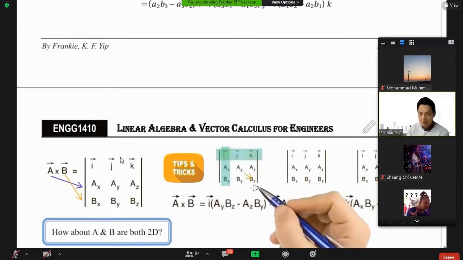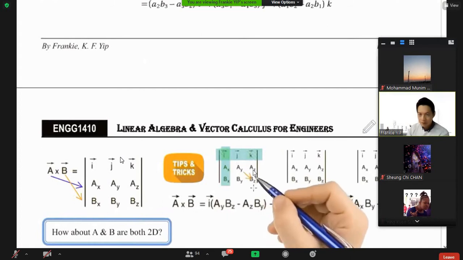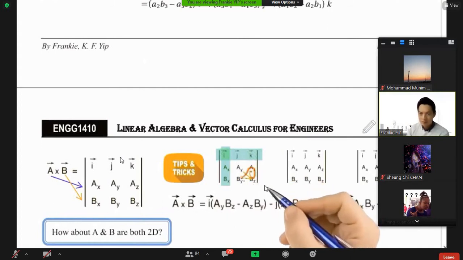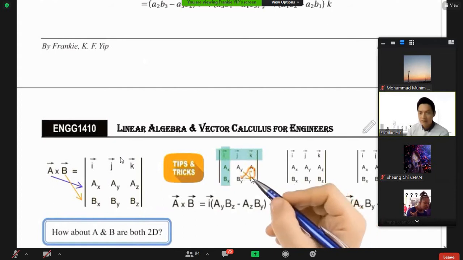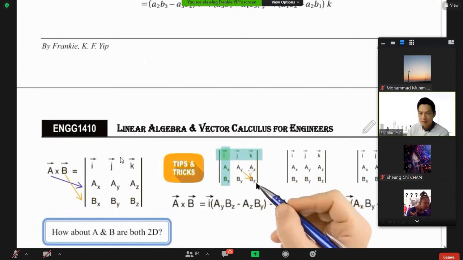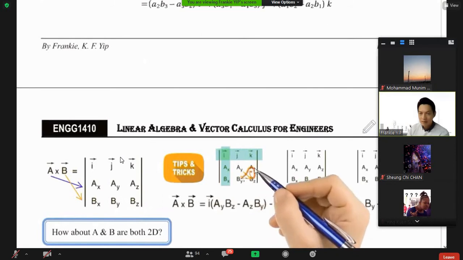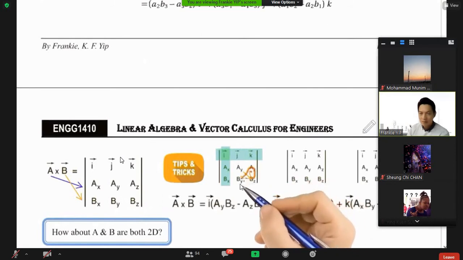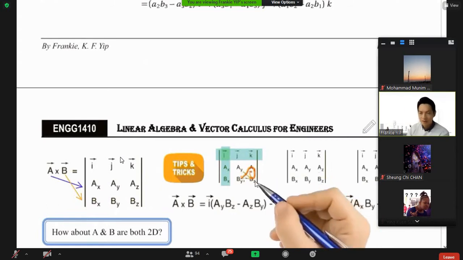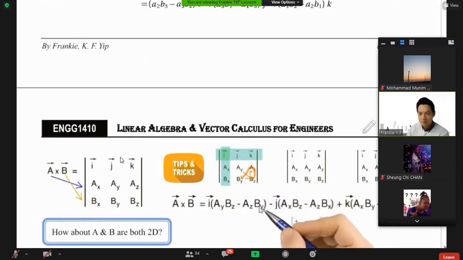Then over here I use something like a small golden fish: AY times BZ minus AZ times BY. Because we're going to have a minus, it seems like an i over here, so I call it the small golden fish.